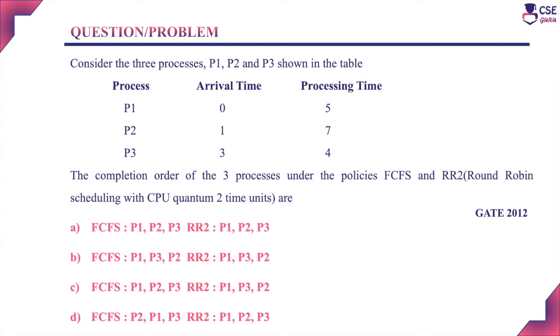So for these 3 processes with arrival time and processing time, the completion order under the policies FCFS and round robin scheduling algorithm is answer 3. In FCFS scheduling algorithm, the process completion order is P1, P2 and P3. And in round robin scheduling algorithm, the process completion order is P1, P3 and P2. So the answer is 3.